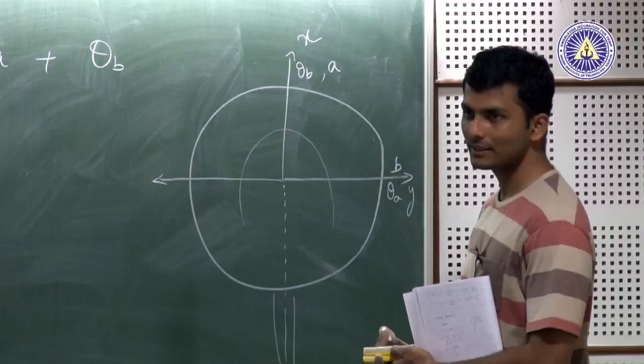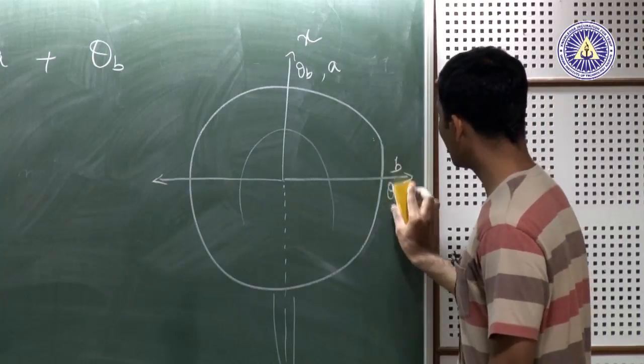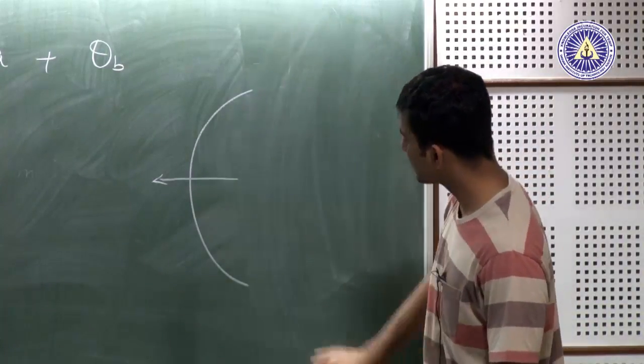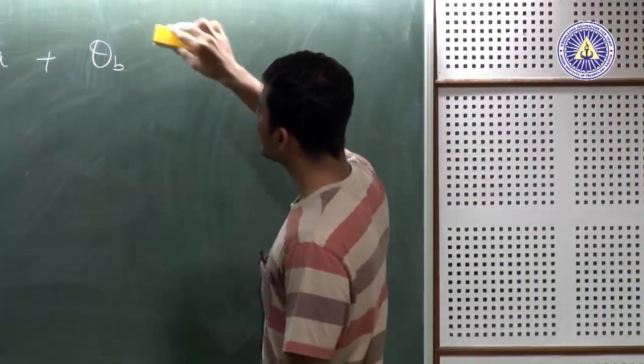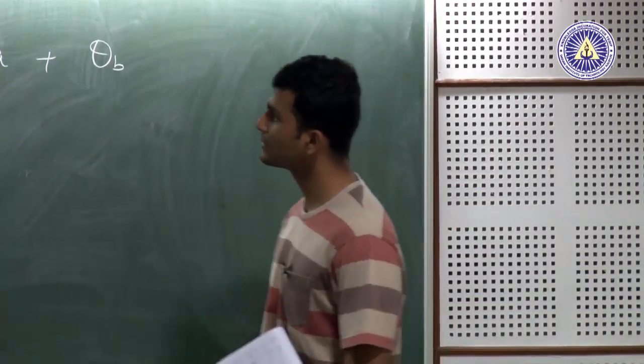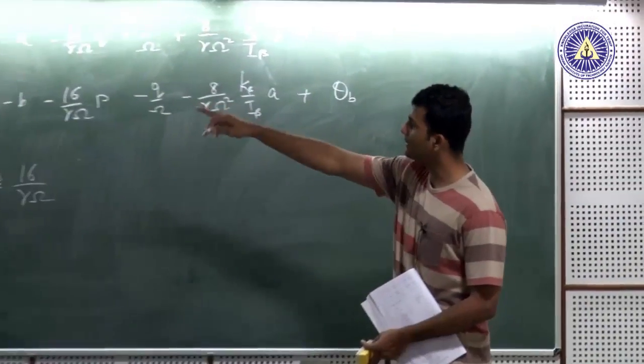Maybe I'll clarify this a little later. That's not very important. But all you need to know is that theta A and theta B are the control inputs affecting angle A and angle B.